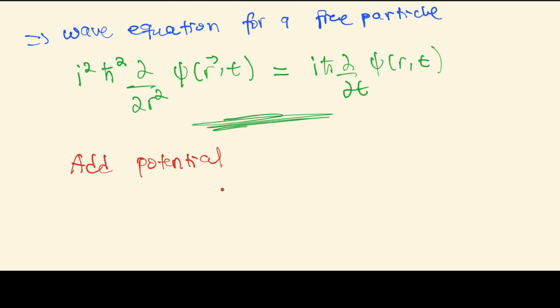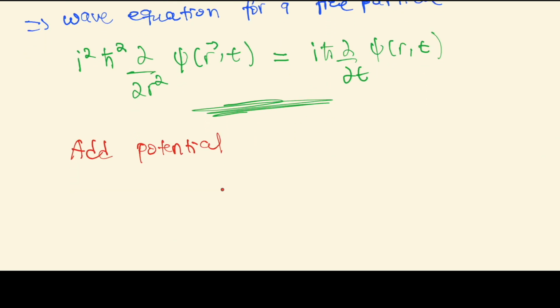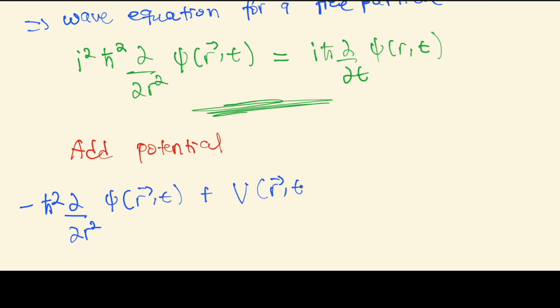So we can just simply add our potential to this equation and get our wave equation for a particle within a potential. So this can be written as minus ħ squared, the derivative with respect to position squared, acting on our eigenfunction, plus, so we add our potential here. So V is our potential, which can be a function of position and time, multiplied by our wave function.